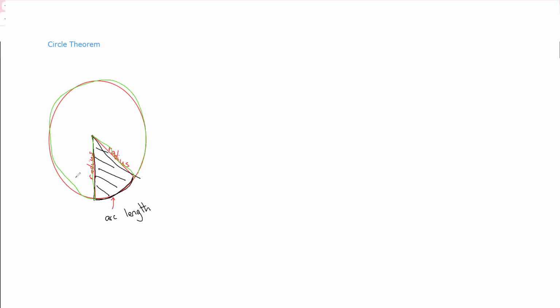So by definition, this side that I've shaded in green is also a sector. So to distinguish them, we can name them the bigger part, the major sector, and the smaller slice, the minor sector.